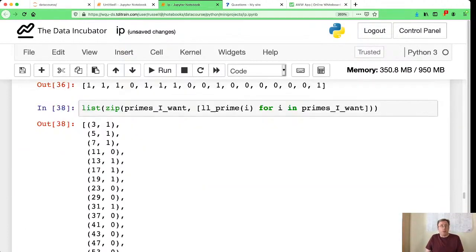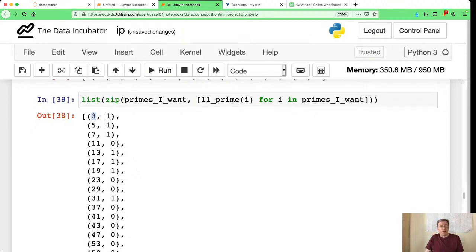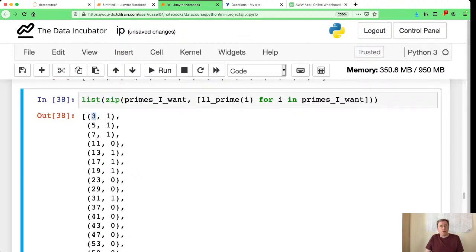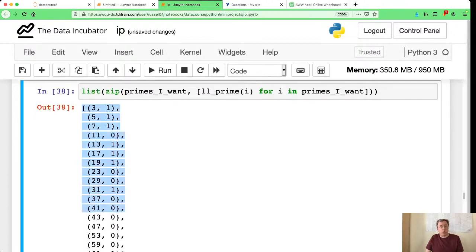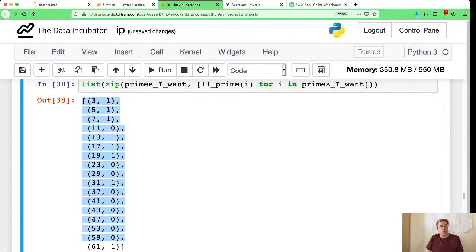Right, for the exponent 3, the resulting Mersenne number is prime. For the Mersenne exponent 5, well, that's a prime number. For 7, it is a prime number. For 11, it's not a prime number. Right, this is the list of tuples that we want to pass to the grader.